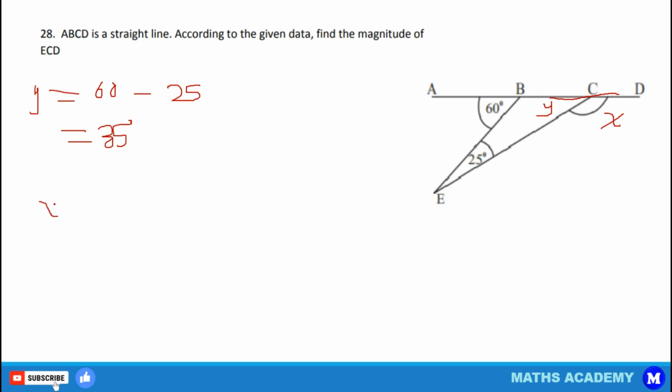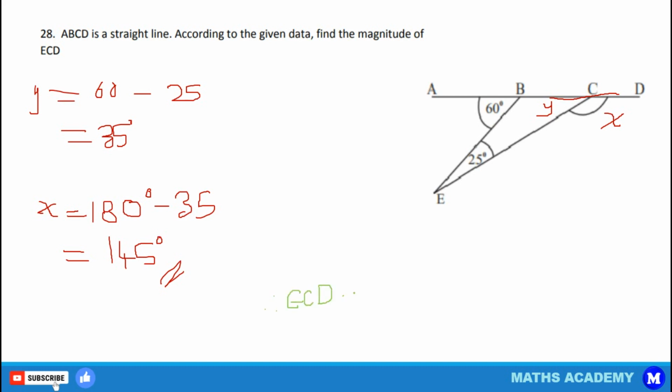So x equals 180 minus y. Y is 35 degree. You get 145 degree. This will be your final answer. So I hope you understood it. With that, let's move on to the next slide.